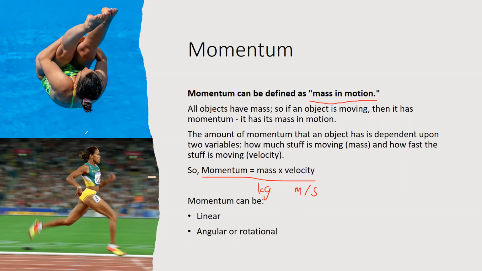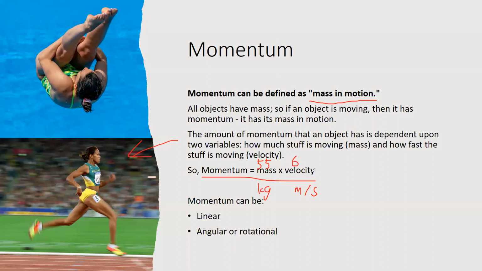For example, for this athlete, if the mass of this lady is 55 kilograms, and the velocity of this lady, because she's running, maybe it's 6 meters per second. Six is okay.